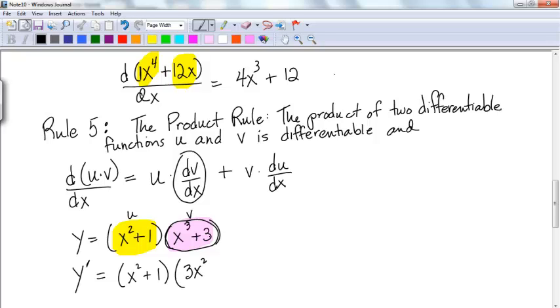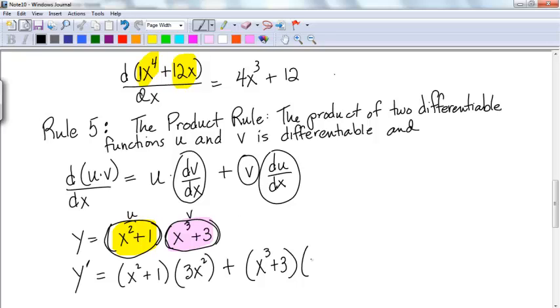What's the derivative of a constant? 0, so that drops out. Now we're at the plus sign. Now it says leave the v the same. So leave the second quantity the same, x cubed plus 3, times the derivative of u. So now you got to go back to this. What's the derivative of this? 2x. And the derivative of 1 is just 0.